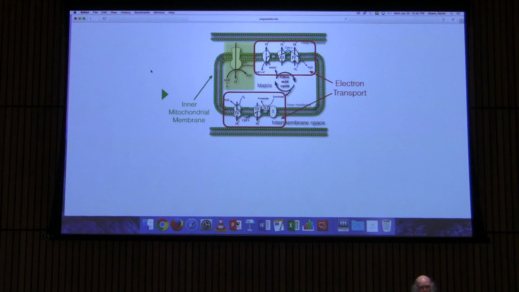Oxygen has to be present for this whole process to happen. If oxygen is not present, the cell cannot do this process, and it relies on fermentation to generate ATPs. And in fermentation there are only 2 per glucose. So this generates 19 times as much energy when oxygen is present as when oxygen is absent.